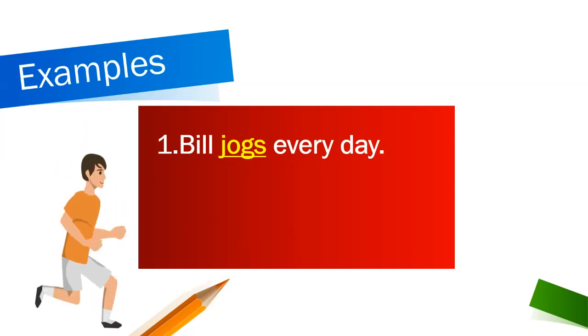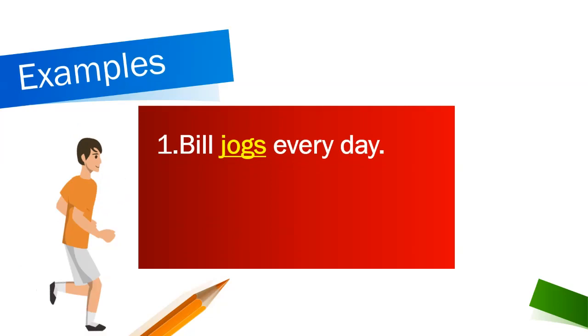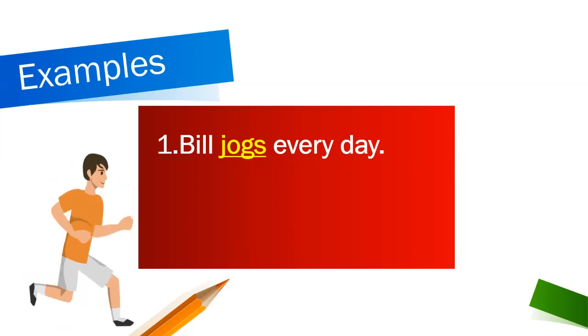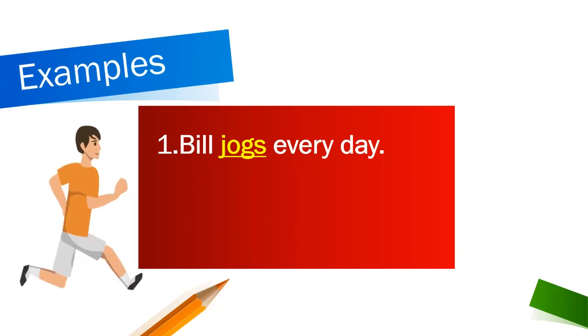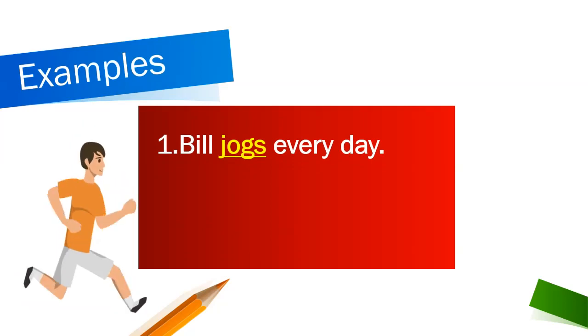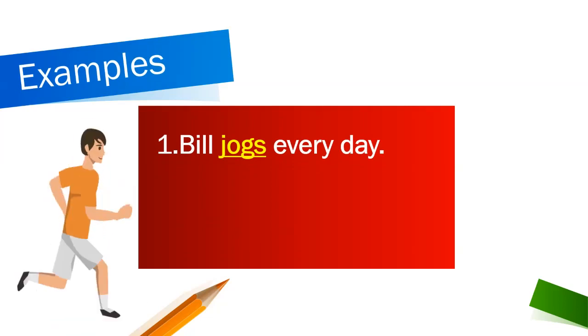Here, Bill is the name of a boy, right, children? So it is not I, you, we, and they, right? It's a name. So we are going to use the verb jog in this sentence. And because it's a name, we add an S to the verb. All right, children? So the verb jog becomes jogs. So Bill jogs every day.